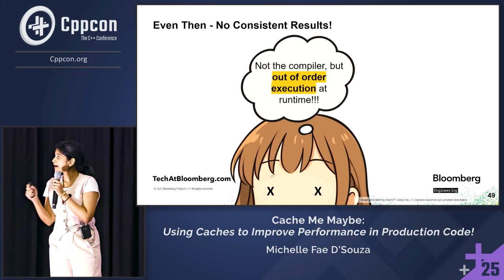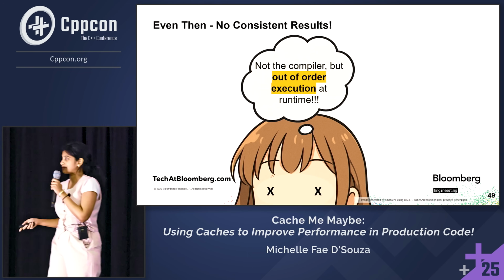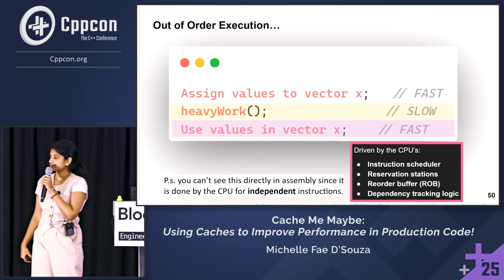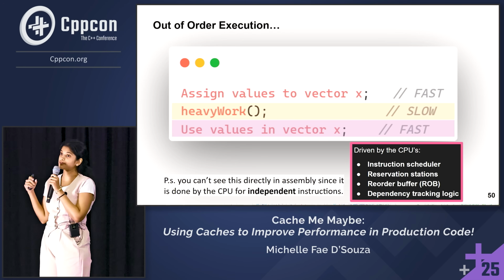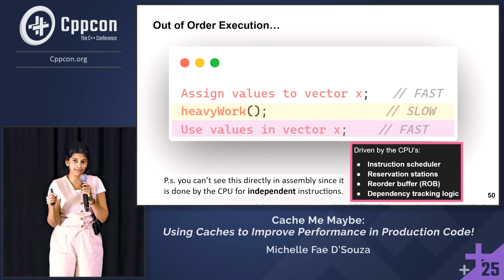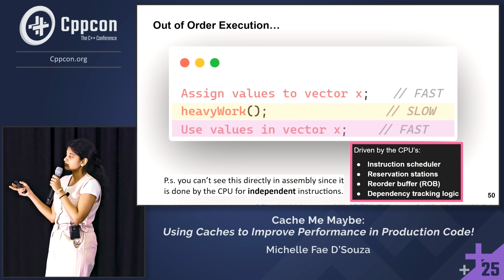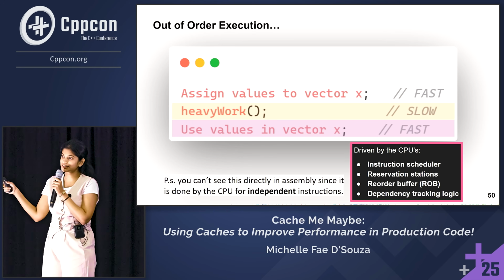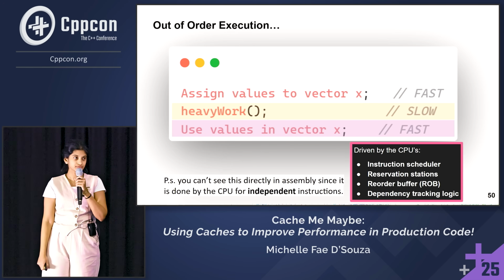Wait, someone said something? Prefetching? Kind of, but not exactly. Let me explain. Out-of-order execution essentially happens when you have instructions that are independent, and you can't see it directly in assembly, but you can identify candidates. For example, and this is actually our example, we have heavy work that's going to be slow because it's going to be fetching things from primary memory.